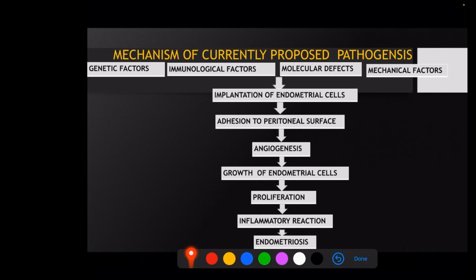Then, due to vascular endothelial growth factor, there is angiogenesis. Again, growth factor promotes the growth of the endometrial tissue. Then, due to estrogenic influence, proliferation or cell multiplication is occurring. Then prostaglandins are responsible for inflammatory reaction, and finally the development of endometriosis. This is the newer theory.